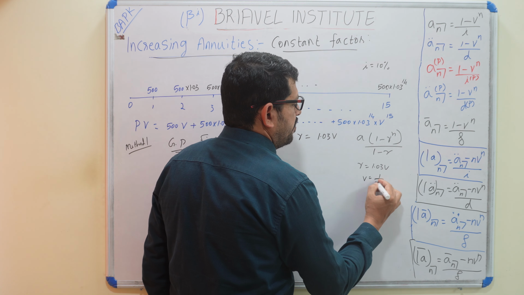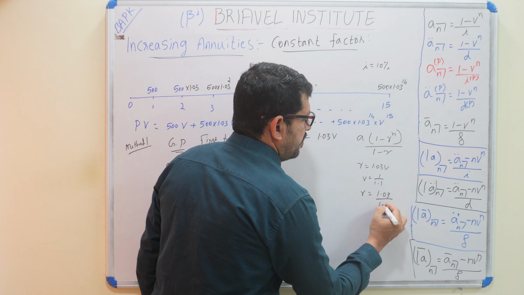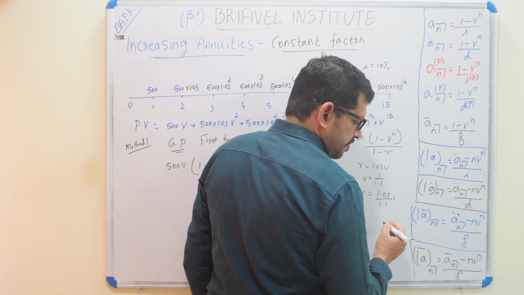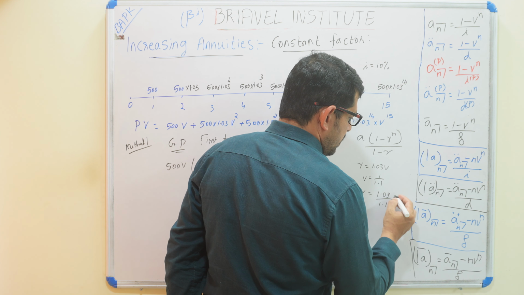V is equal to 1 divided by 1.1. So R we can write as 1.03 divided by 1.1. So this will get 0.9364 something.